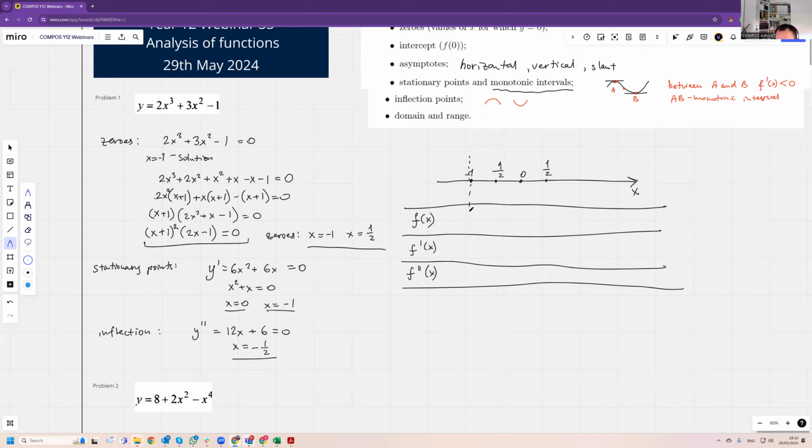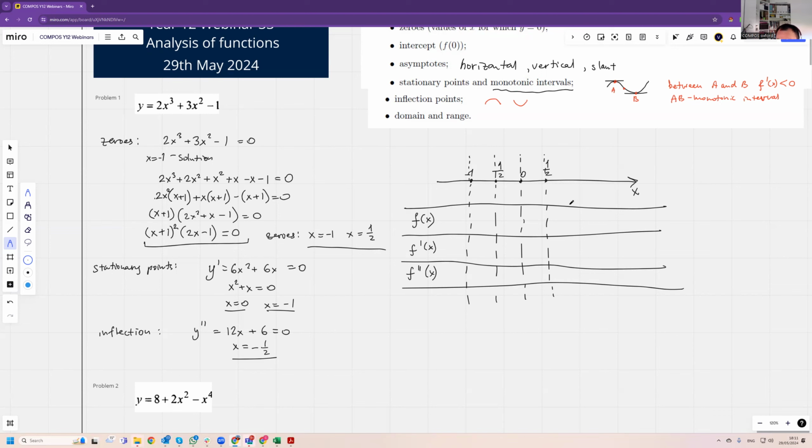So we found the interesting points, and anything interesting that happens, happens between these points. For the function itself, we need to work out where it's positive and where it's negative. What we did, we factorized it.